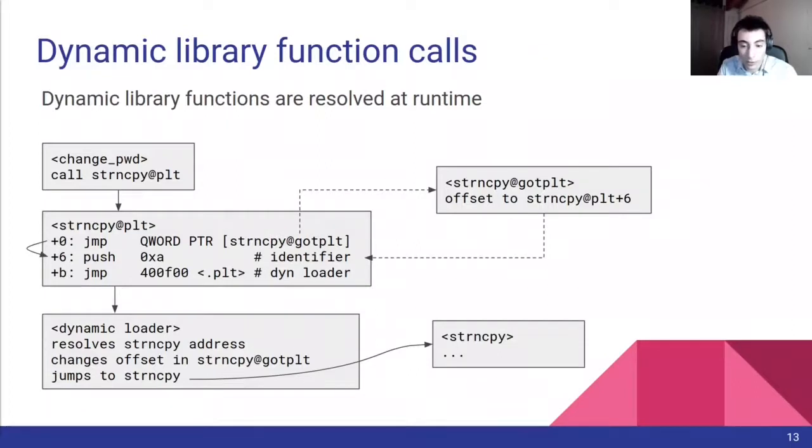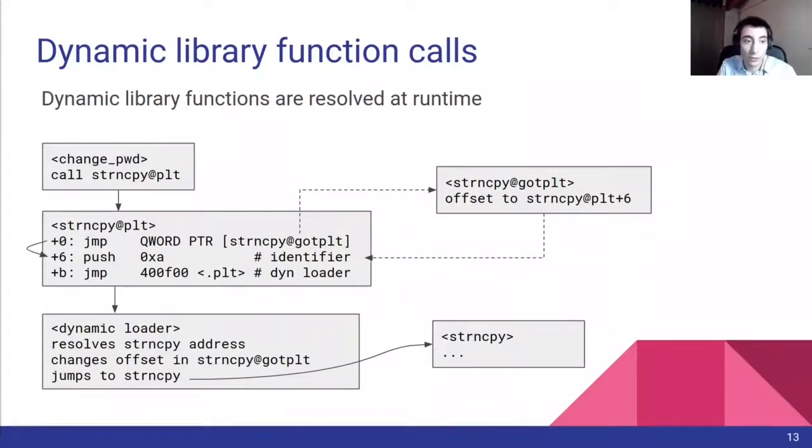The dynamic loader is a special program that is loaded together with our original program, and its job is to resolve, to actually find the address of the library function that we want to call, in this case string copy. It will also change the offset in the global offset table to point to the string copy function, and then it will jump to string copy.